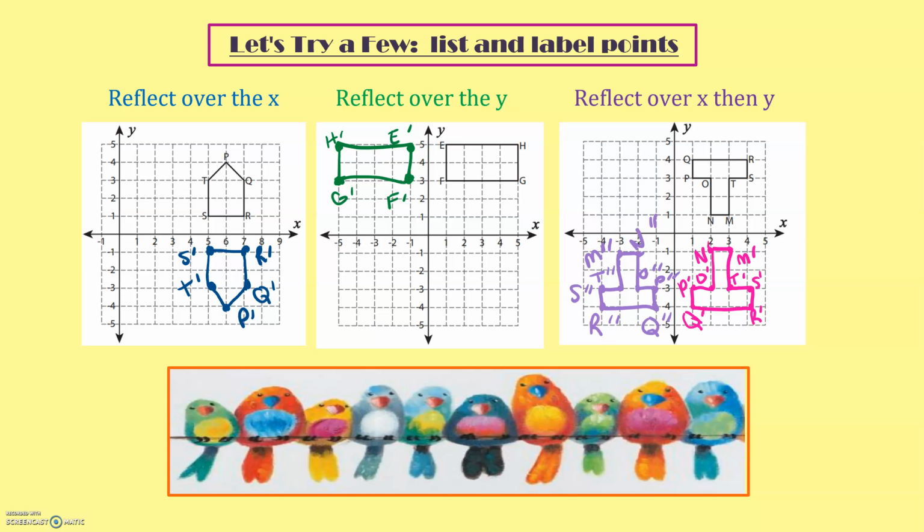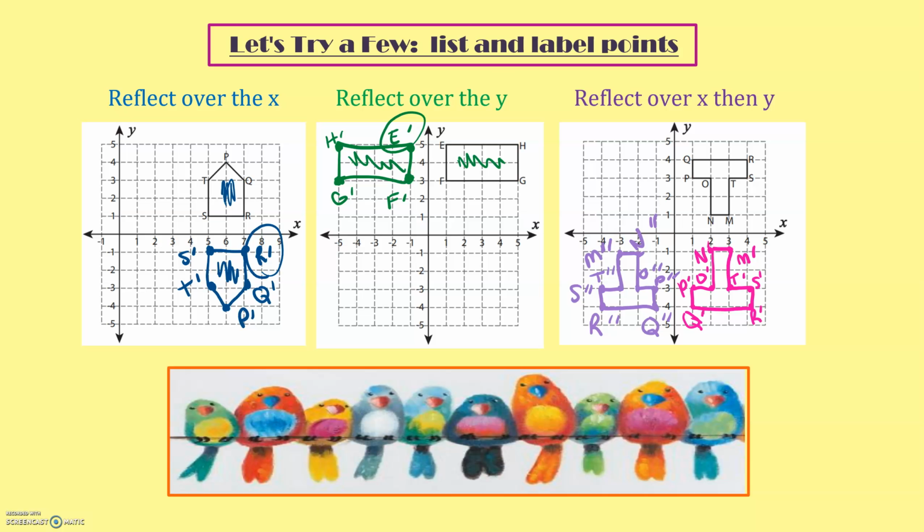Okay, some things that I hope that you remembered. I hope that you remembered that when you went from the pre-image to the image, you marked and labeled your points with a prime.